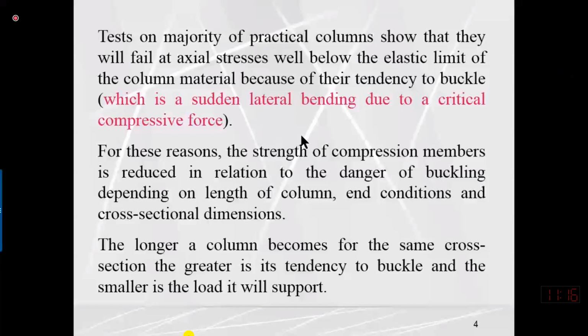Because the longer column has a greater slenderness ratio as compared to the shorter column. We will discuss this in detail. For the same cross-section, the longer column has a greater tendency to buckle as compared to the shorter column.